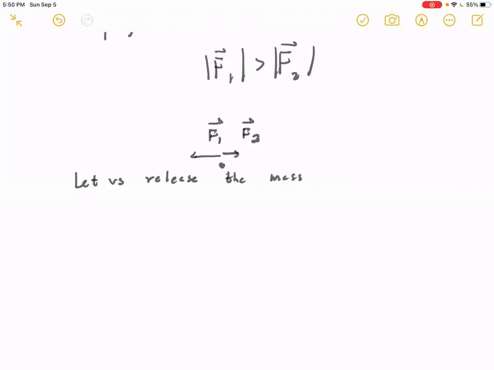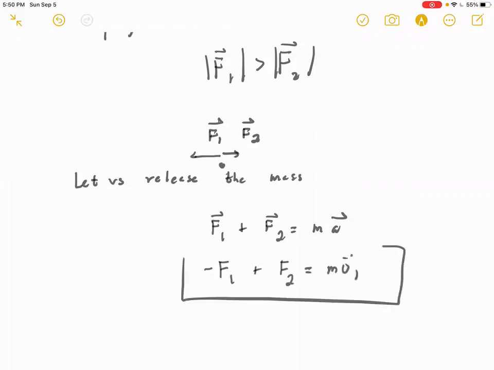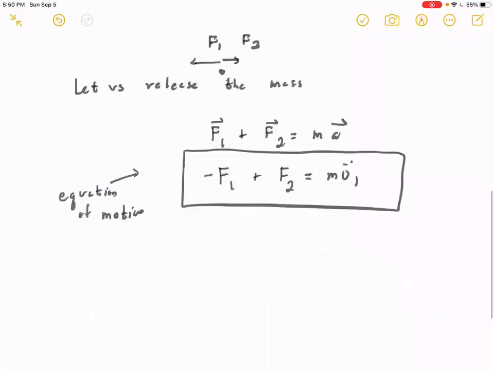If you let it go, there's going to be an acceleration because there's going to be a net non-zero force on the system. I can resolve this into its vector components, only motion in the horizontal direction, and here is the equation of motion for the problem. The question is, what are these forces?